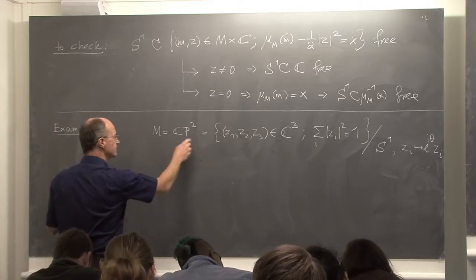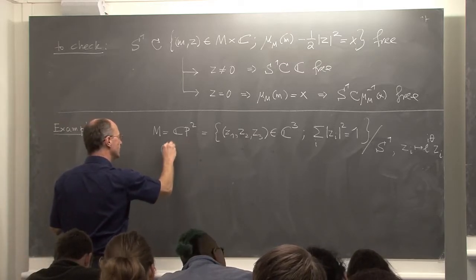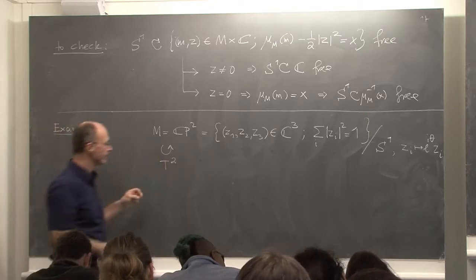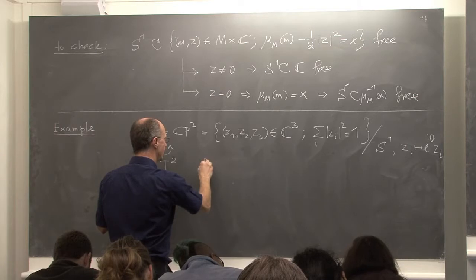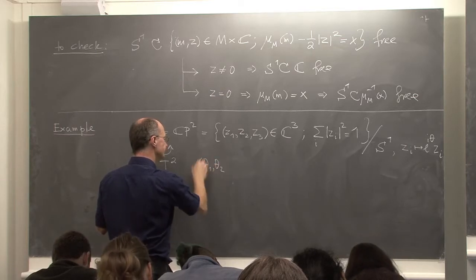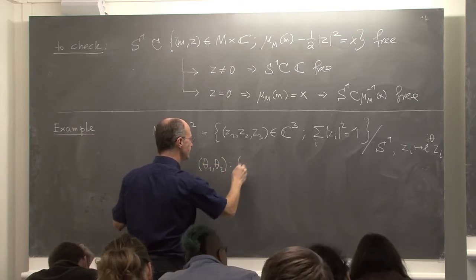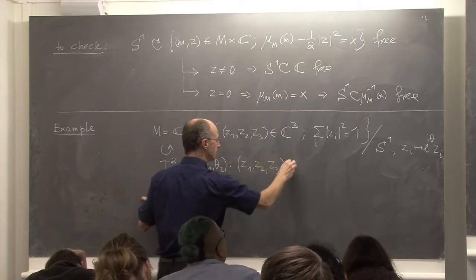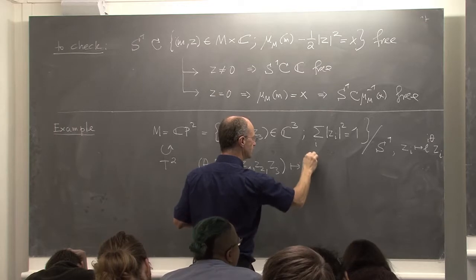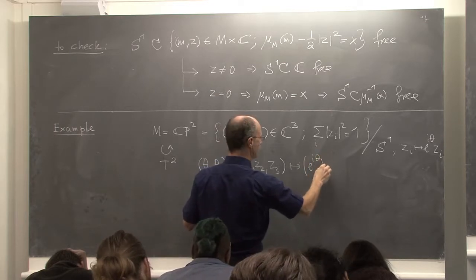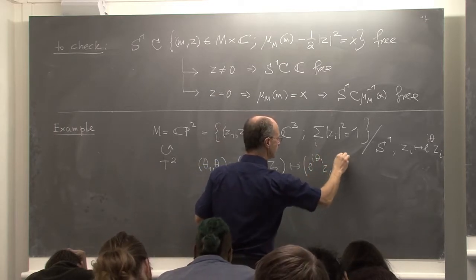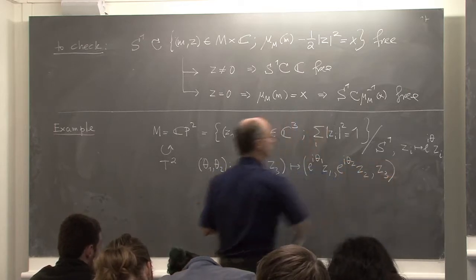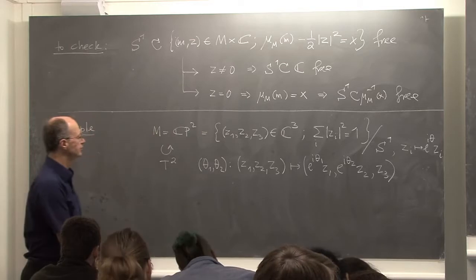So we were thinking of it as a T2 Hamiltonian space, where T2 acts in the standard fashion on the first two factors, and it doesn't touch the third one.